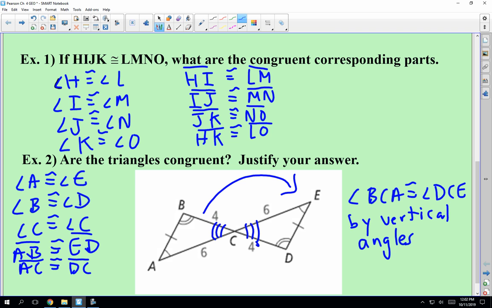and then we have the last one is BC is congruent to, let's see, did I miss that? Okay, botched that. Sorry. Let's see, AC is actually congruent to EC. Sorry about that. AC is congruent to EC. And then BC is congruent to DC.